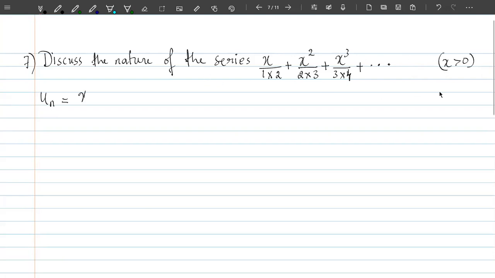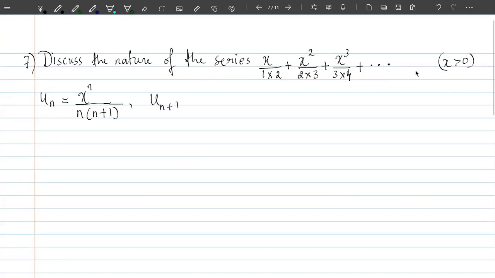So for un it has to be x power n in the numerator. In the denominator, for u1 it is 1 into 2, for u2 it is 2 into 3, for u3 it is 3 into 4, etc. So for un it should be n into n plus 1 in the denominator.